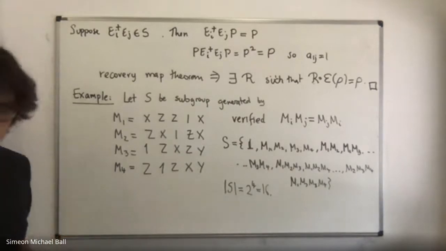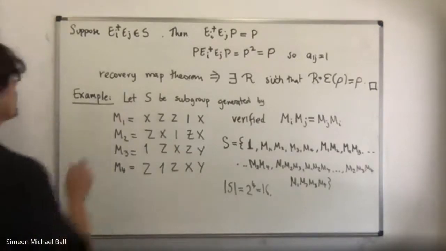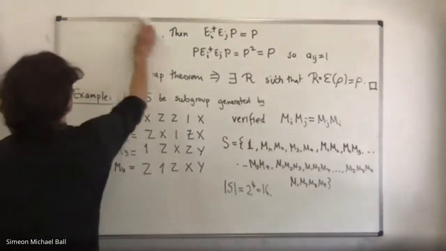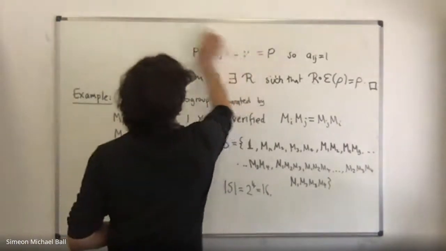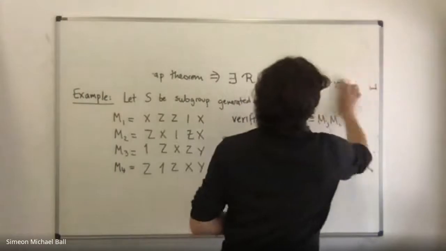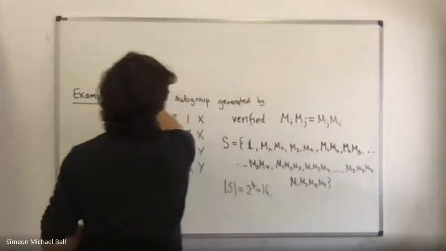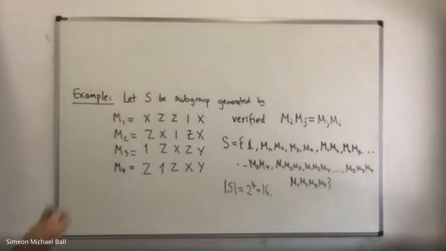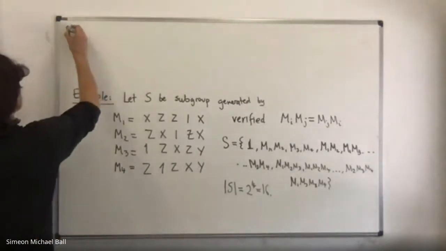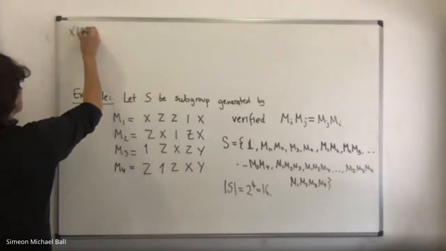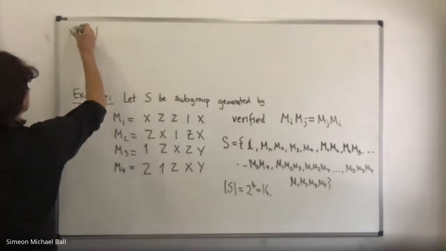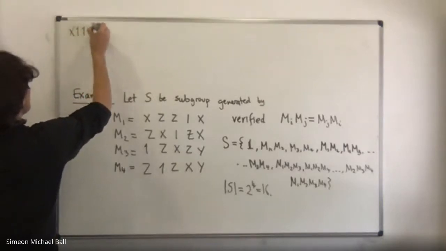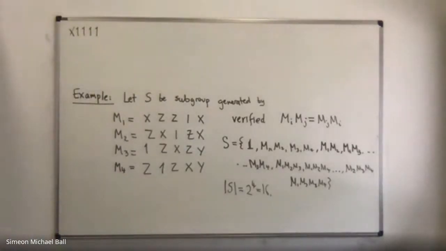So now let's do that here. Let's say we have an error. So these will be our errors. This will be X, 1, 1, 1. Okay, so we write 1 for the identity.